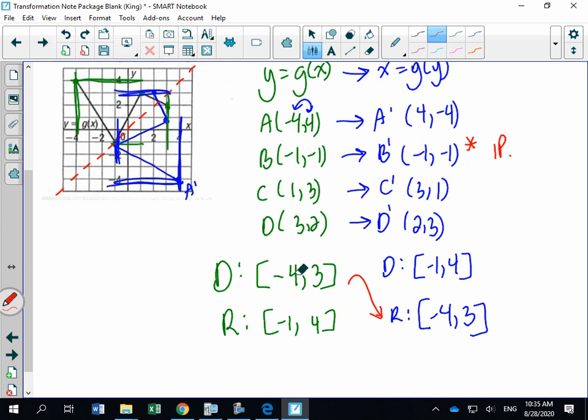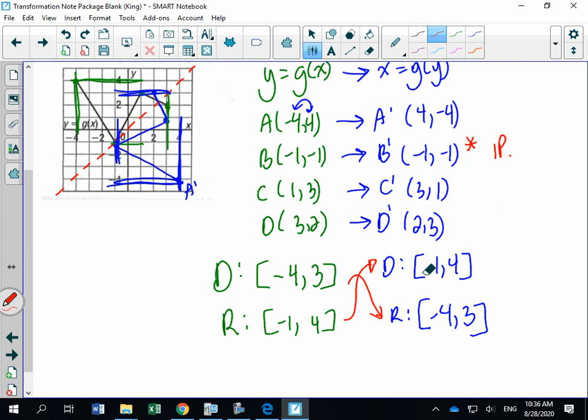And the range of your original function just happens to be the domain of the inverse. So again, the domain of the original is the range of the inverse. The range of the original is the domain of the inverse. That will always happen for inverse relations.